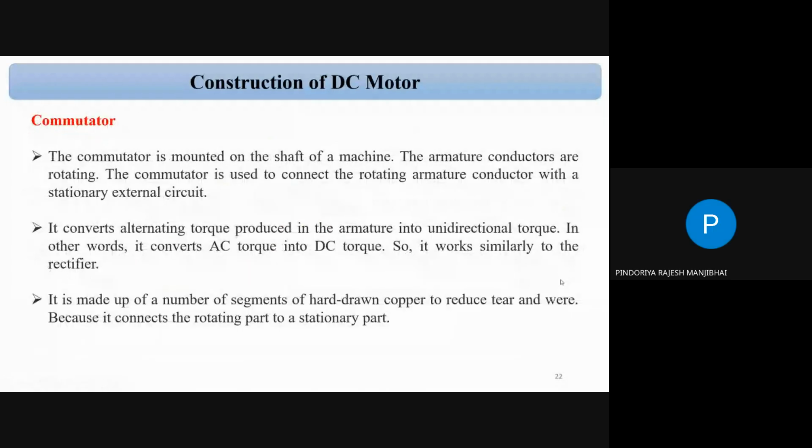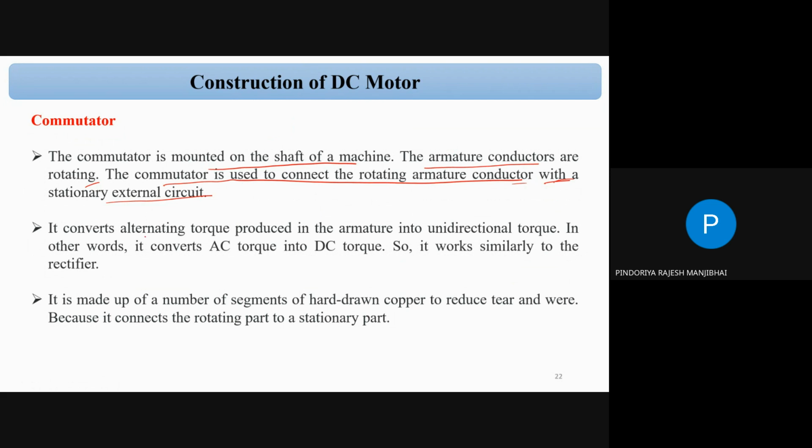Yes. So the commutator is mounted on the shaft of the machine. Yes, we can say there is a rotor, correct? So the shaft is nothing but the rotor. Armature conductors are rotating, because the rotor is rotating, so the armature conductor is rotating. The commutator is used to connect the rotating armature conductor with a stationary external circuit.